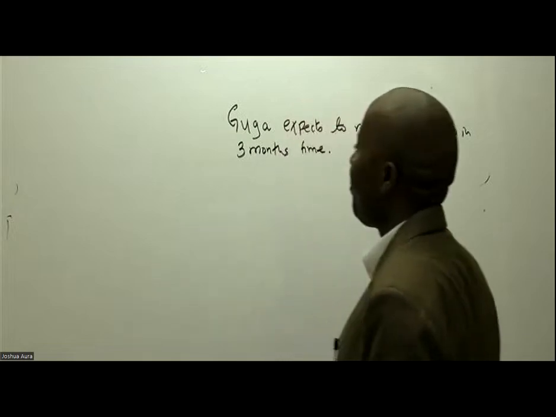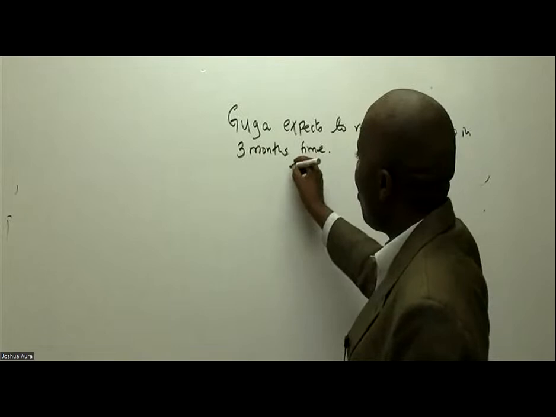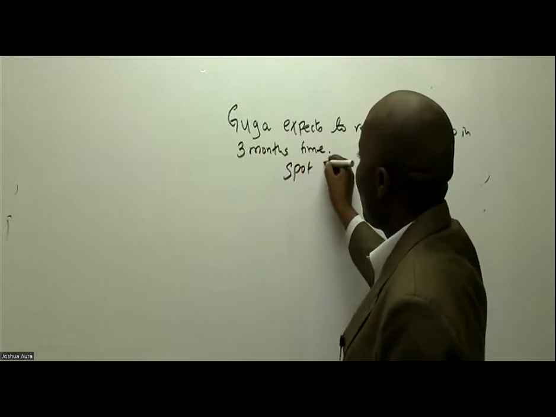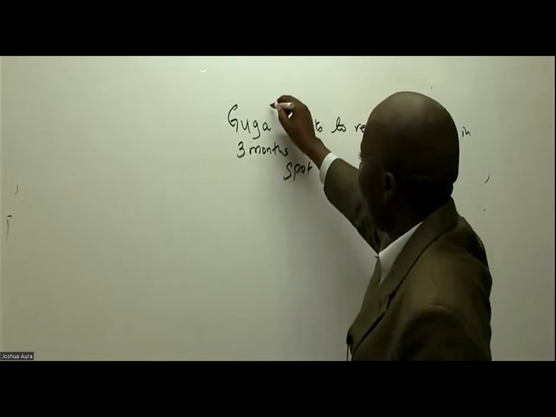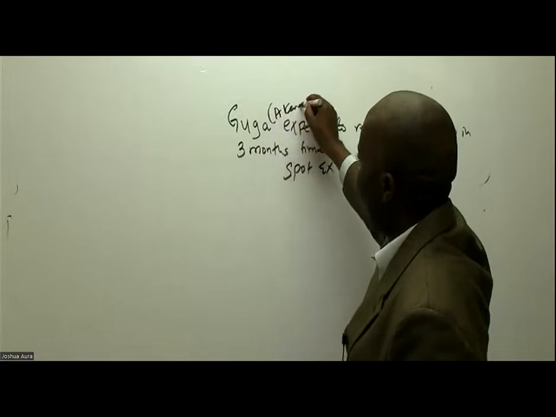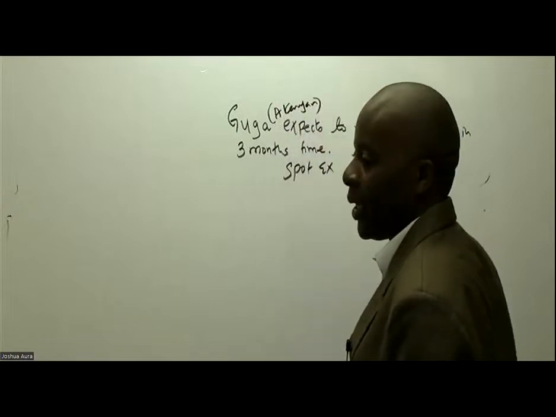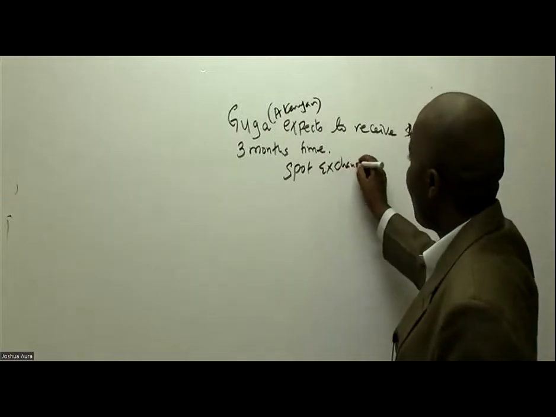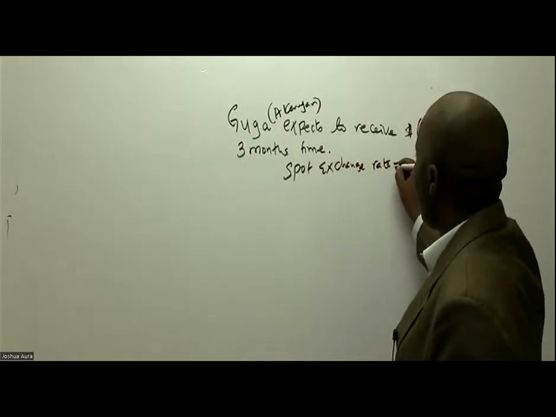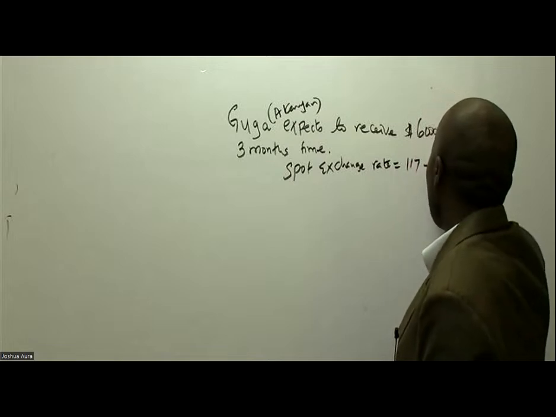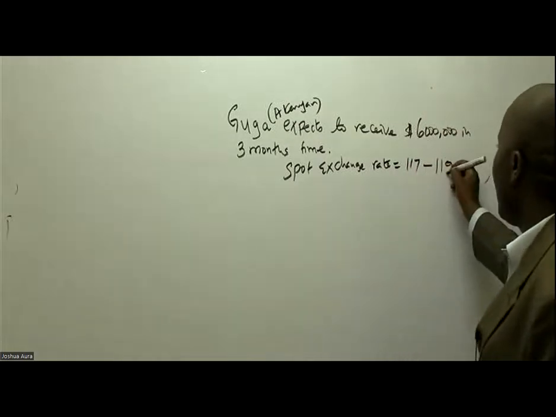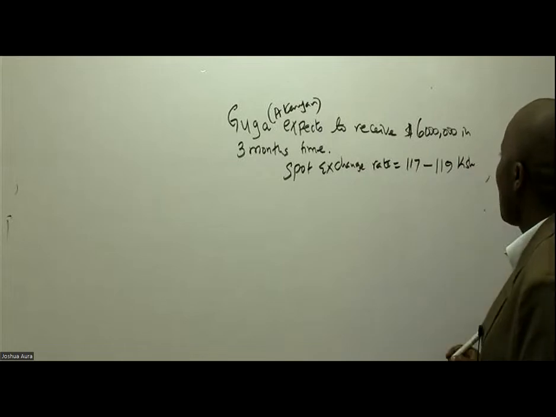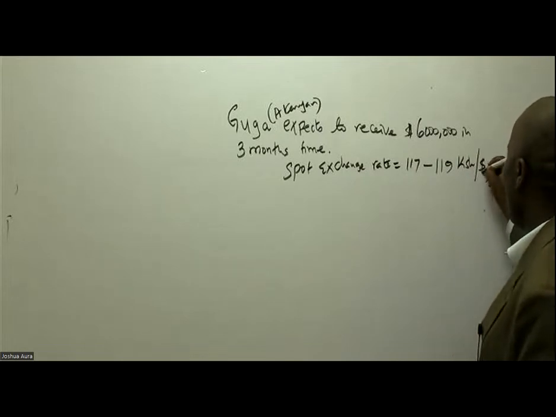All right. So you'll be given the spot exchange rate. I forgot to tell you that Mr. Guga is a Kenyan, who would need Kenyan shillings. The spot exchange rate is 117 to 119 Kenya shillings per dollar.